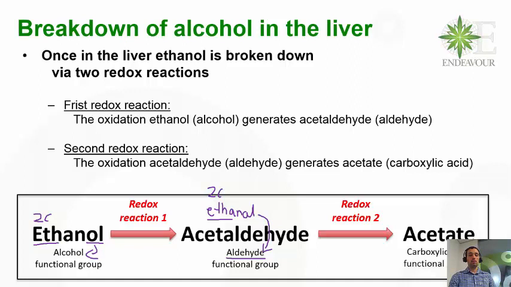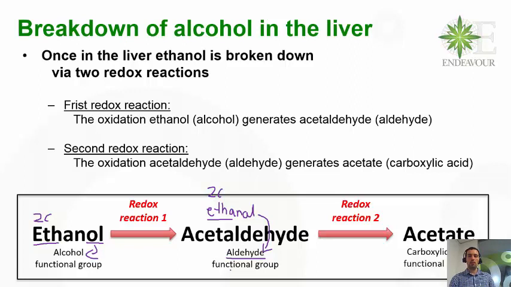Once we've got acetaldehyde, this is a bit problematic because this compound is actually even more toxic than the ethanol was. So why would the body break down ethanol into something that's even more toxic? Seems a bit silly, doesn't it? There is a reason though, because it has to break ethanol down into acetaldehyde before it can be broken down into the next compound, which is non-toxic.